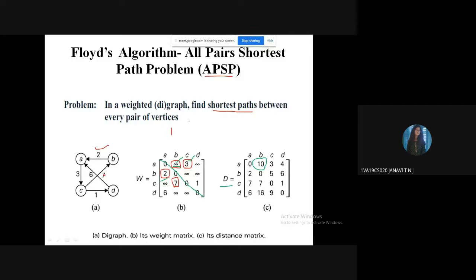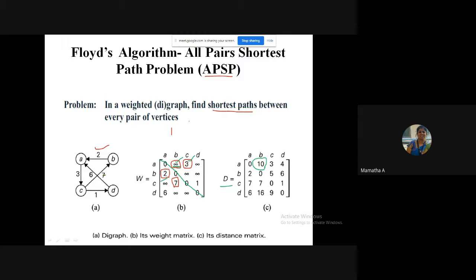Ma'am, A to C and C to B. You can see from A to C, then C to B, this is 7. Don't get confused with the values, students. 3 plus 7 is 10. That's the only path, I think. There is no other path apart from that.